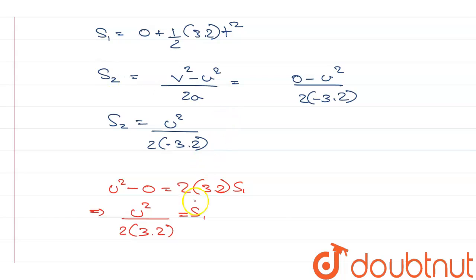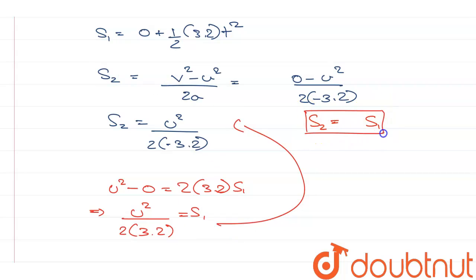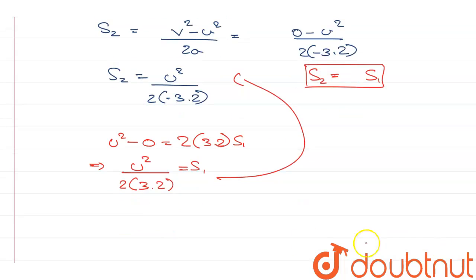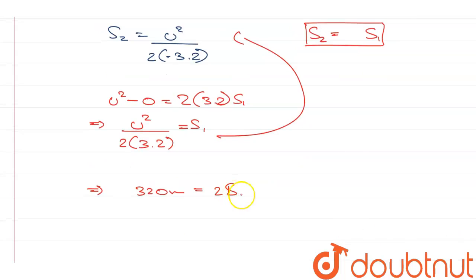So if I put this value here, S2 will be equal to S1. If S2 is equal to S1, that means 320 meters will be equal to 2S1, which means S1 will be equal to 160 meters.